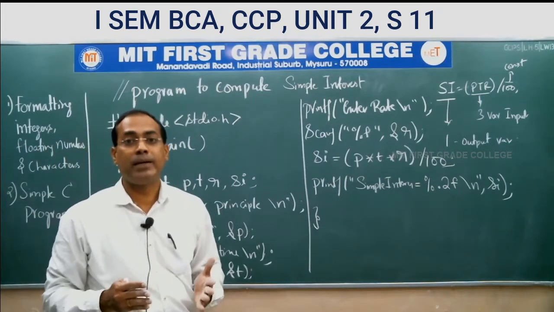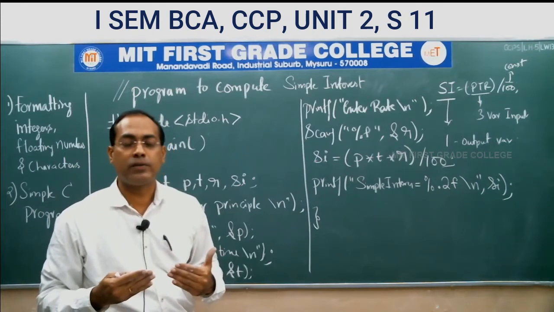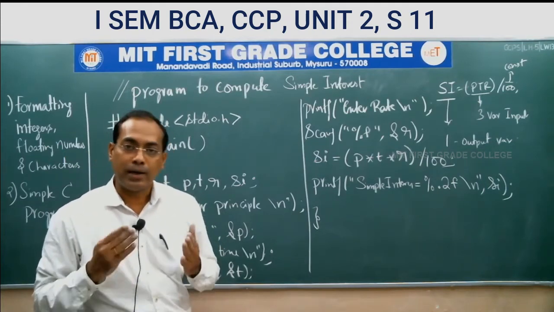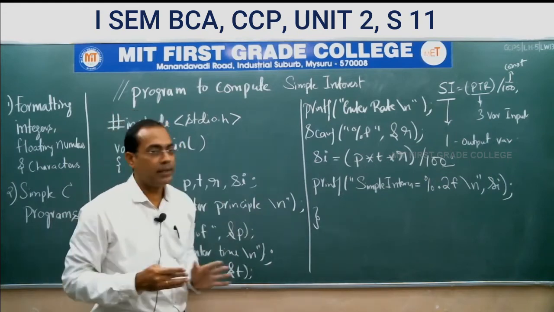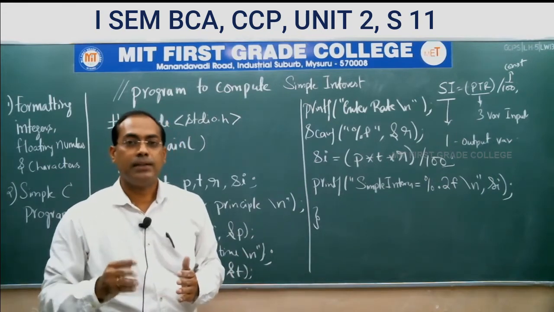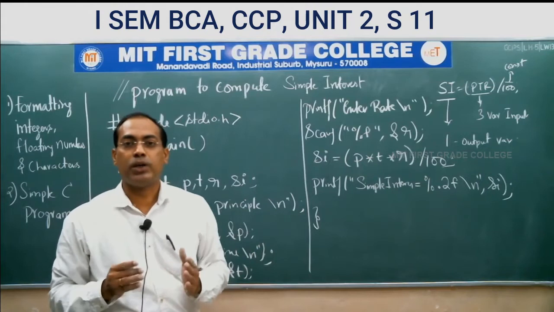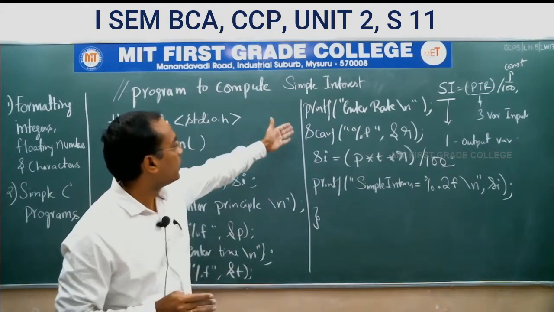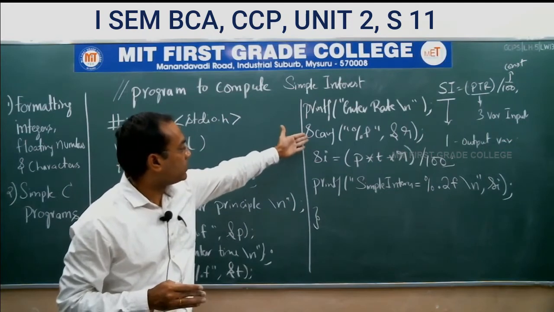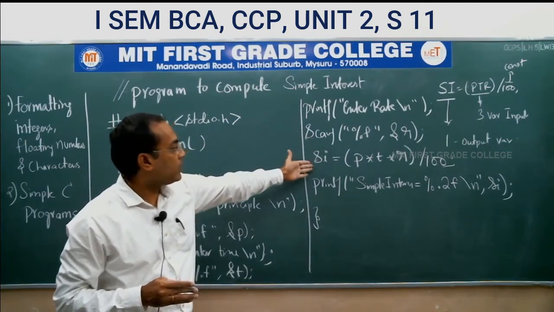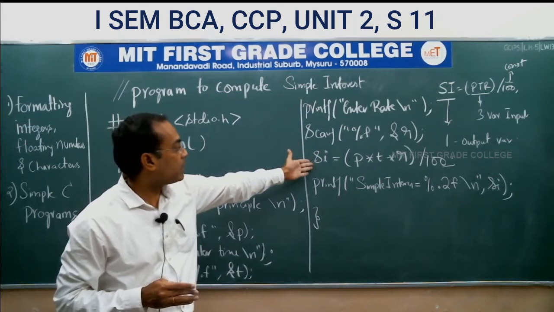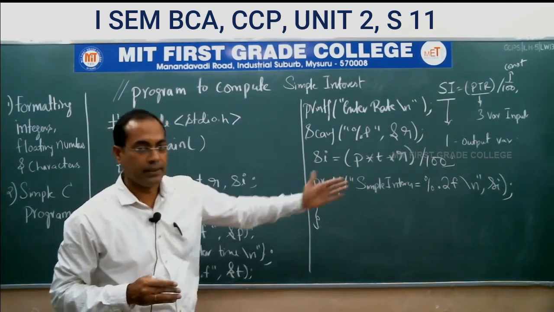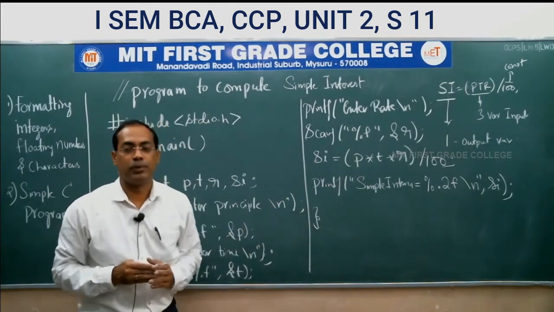We can write one printf statement and one scanf statement to accept all the variables at one go, but I am writing it separately because these are the first basic programs you are learning. Let it be in an elaborate manner. So we have accepted the inputs, then we are computing the simple interest using the formula, and then we are displaying the simple interest result. So this is the program.